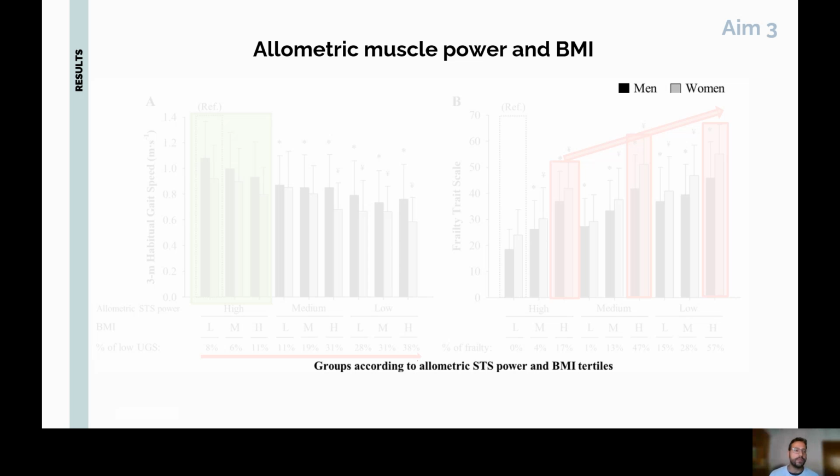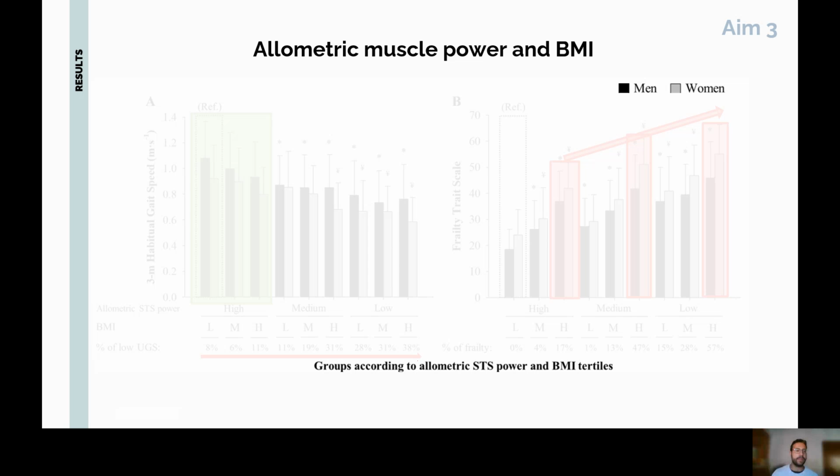For the final aim, we wanted to compare the different components of the muscle power. Here you can see allometric STSS power compared to BMI, the different levels. In the first part, you can see that having a high muscle power was protective of developing a low usual gait speed.